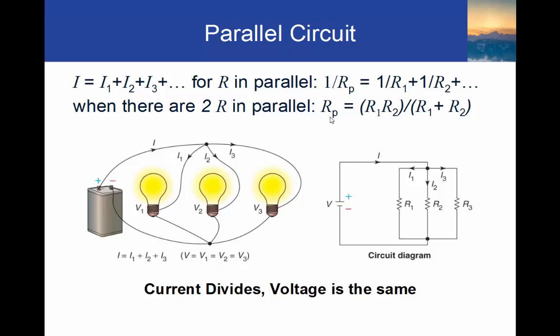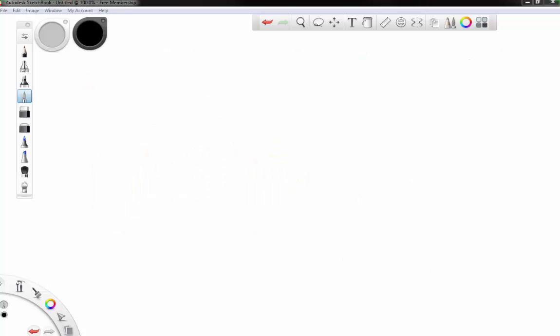But basically, the parallel circuit for 2 in parallel looks like the product of the two resistances divided by the sum of the two resistances. So the resistance for this set is going to be R1 times R2 over R1 plus R2.